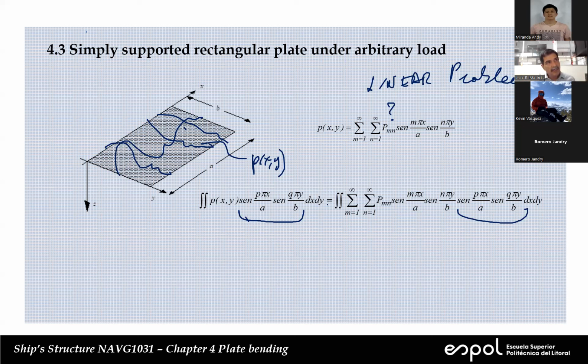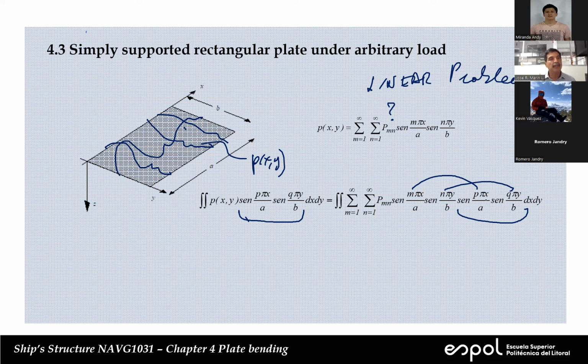Okay, if you do this, if m is different than p, okay, this is different than that, or this is different than that, than q, the integration will give you 0. You try. The only case that you have a result different than 0 is when m is equal to p and n is equal to q.